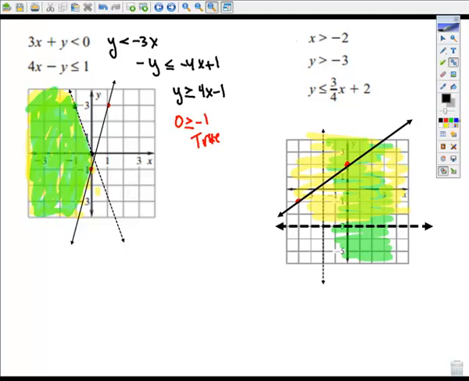So right here. And then my triple shade, this is less than. If you check it out, you're going to end up with 0 is less than or equal to 2, which is false. I mean true, sorry. 0 is less than or equal to 2. So I would end up shading below.